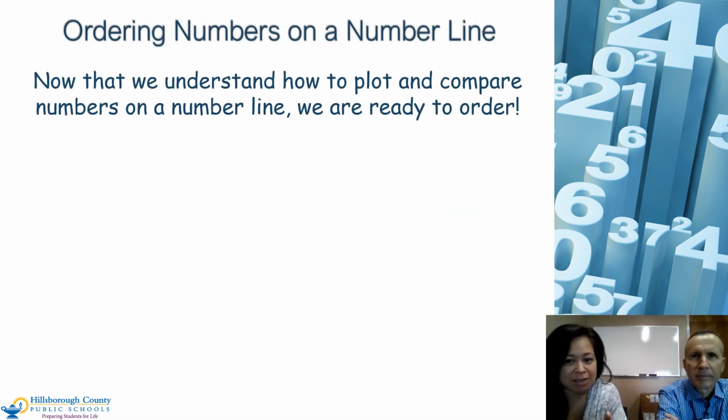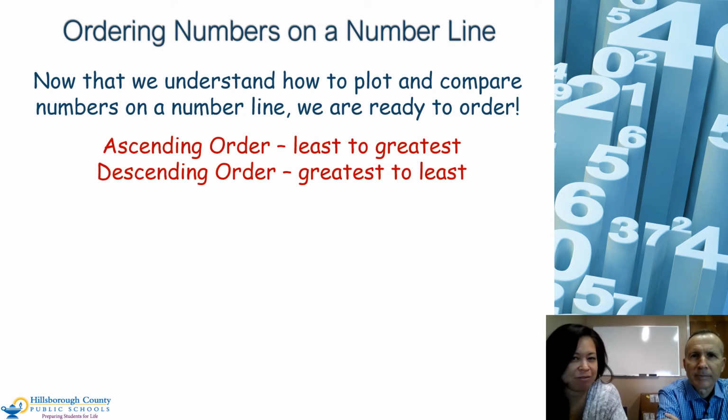So we have plotted and compared with number lines. We're ready to order numbers on number lines. So when we look at an example like this, what do you notice about the vocabulary when ordering numbers? Oh, I see ascending and descending order. That makes sense to me, but I gotta be honest, I don't think I used those terms before. Is that something new this year? Those are definitely new terms with our new BEST standards.